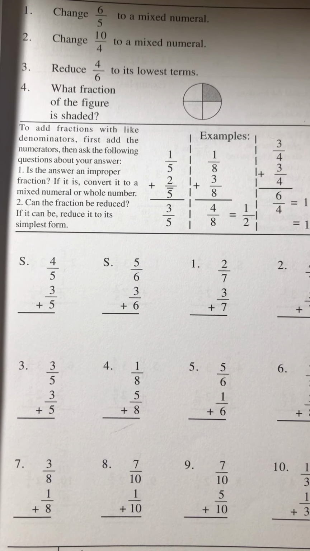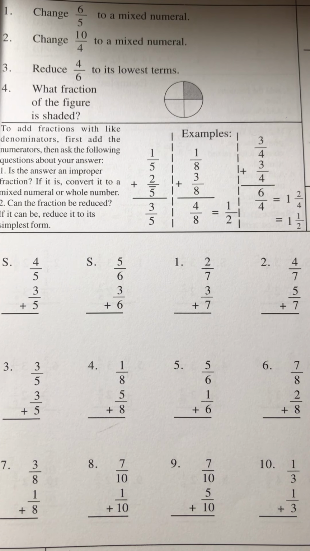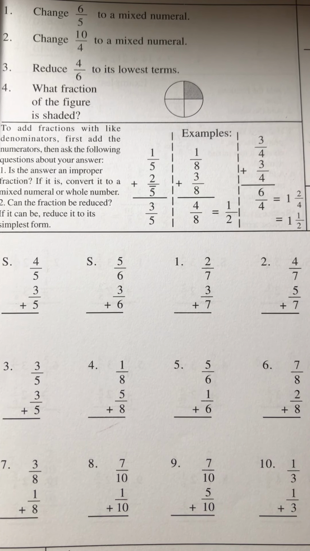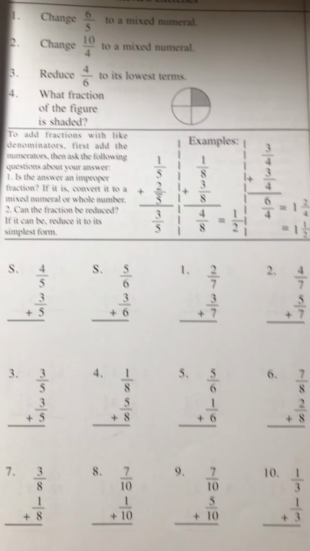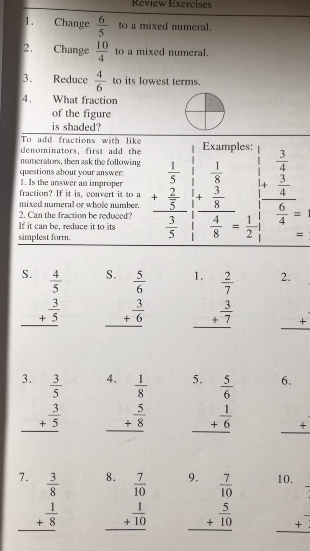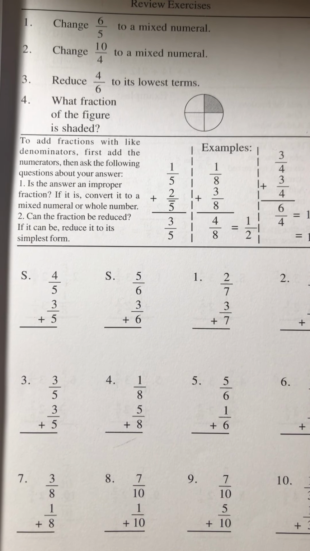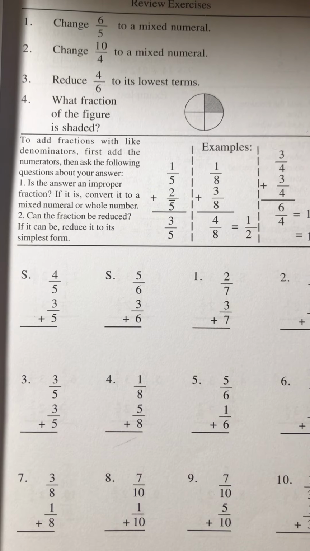Show me your work, because we are going to be needing these techniques a lot as we move on. So just do step by step, follow these rules and the rules that I've shown you with our examples, and of course, I will be available to answer your questions over Zoom.